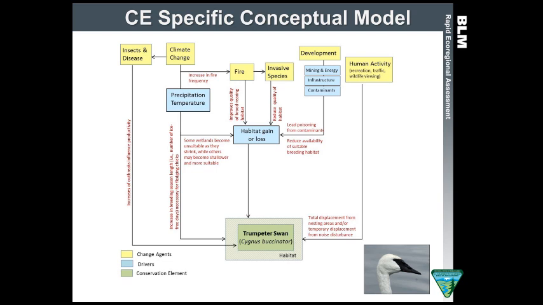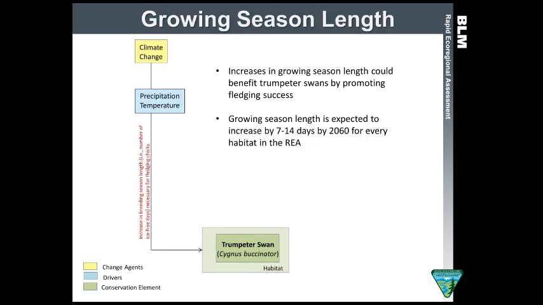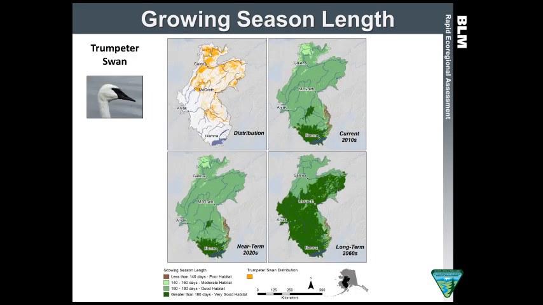They're not happening individually or on an individual by individual basis. So this is just an extraction, and this is an example that I showed you yesterday, so I'm going to run over it real quickly, but we projected that increases in growing season length could benefit trumpeter swans by promoting fledging success.